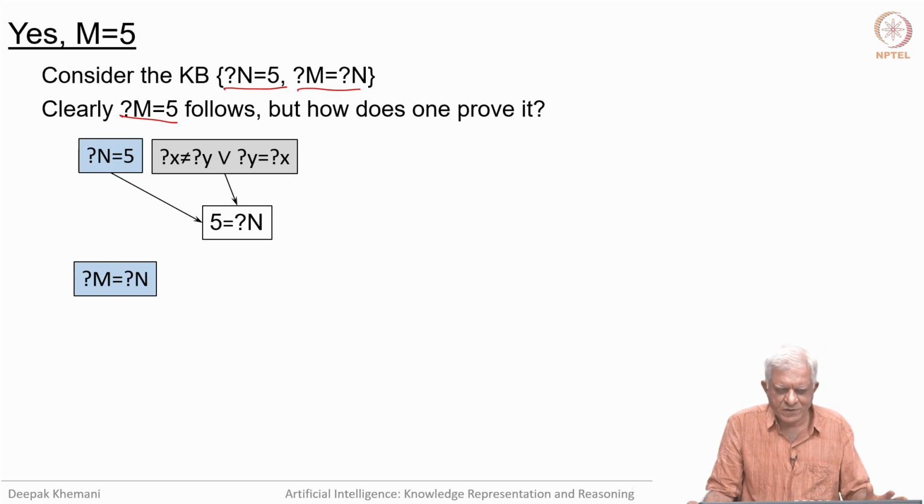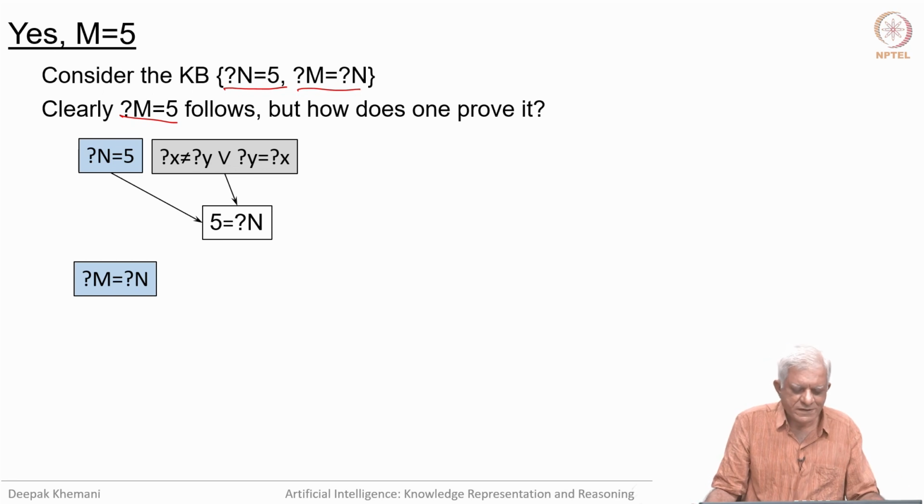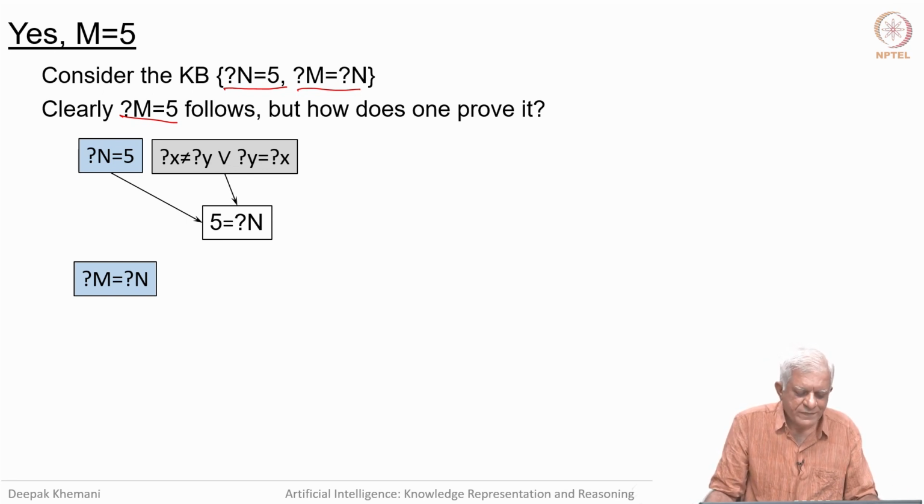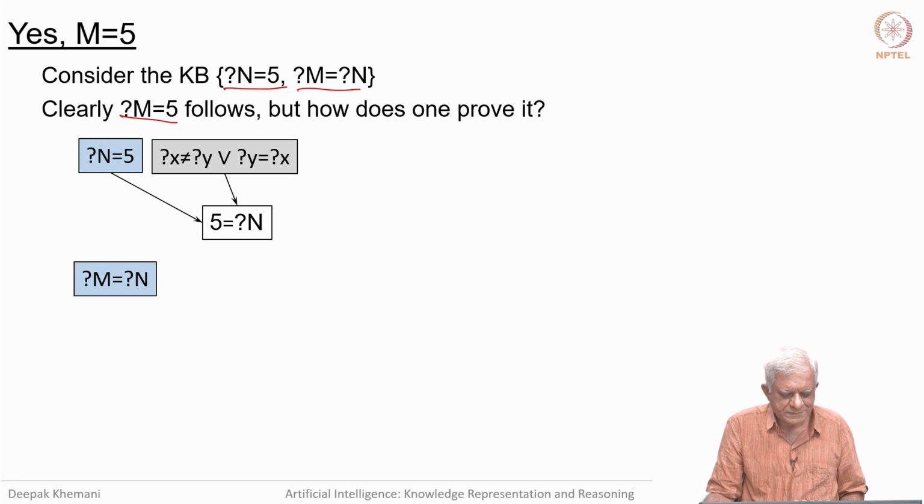That is the thing about logic, it is very bureaucratic, you might say. You must show me the exact pattern, and only then I would be happy. Saying n is equal to 5 is equivalent to saying 5 is equal to n, but if you are doing a proof, then you must have a way of converting from n equal to 5 to 5 is equal to n, and the symmetry axiom is very convenient for doing that.